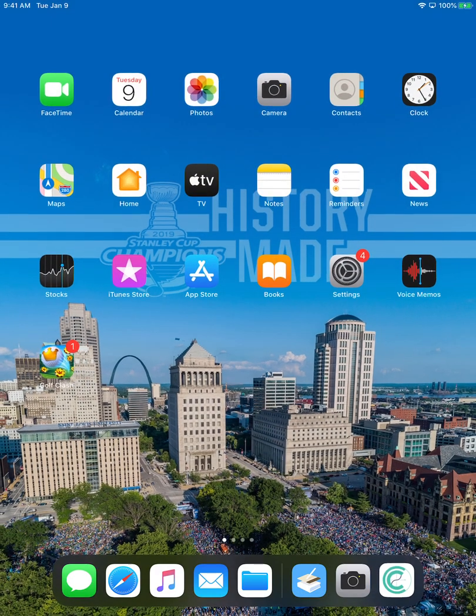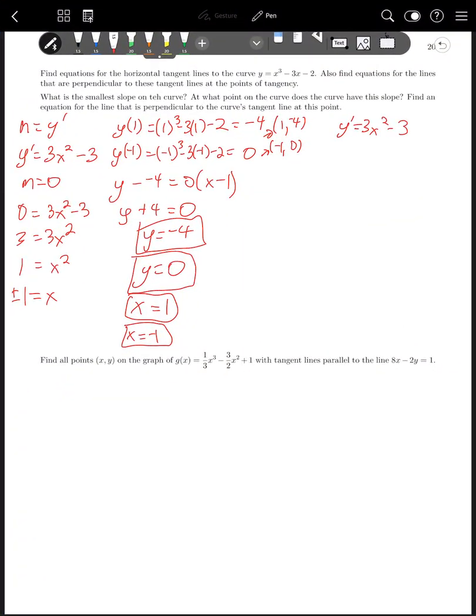Okay, so the smallest the slope gets is at the point 0, negative 3. So what is the smallest slope? Well, that's negative 3. At what point on the curve does it have this small slope? Well, that's at 0, negative 3.